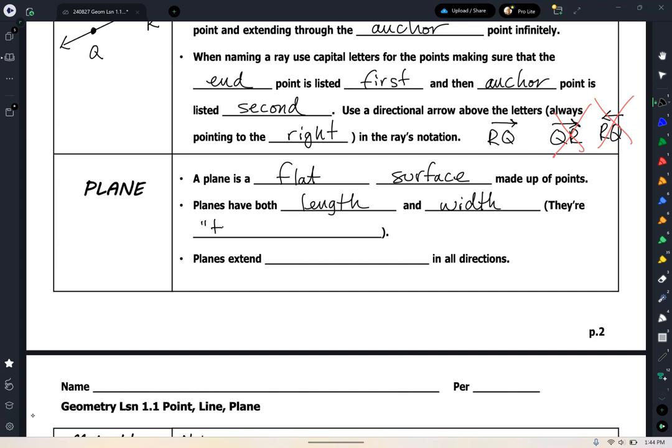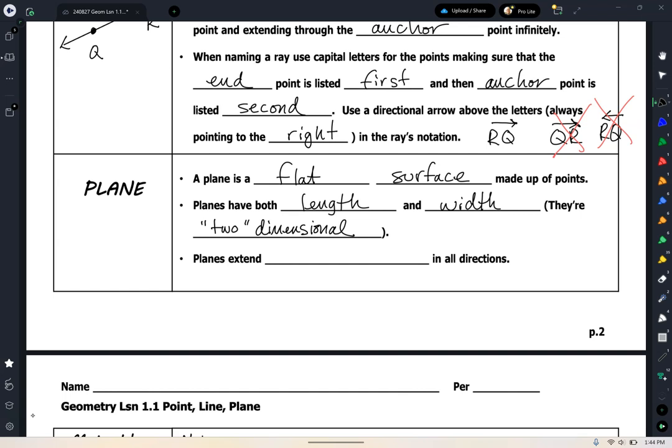They are two-dimensional. They have length and width. Much like triangles have a length and a width and a height and a base, or parallelograms, or even some circles, right? Okay, or at least the space inside the circle.